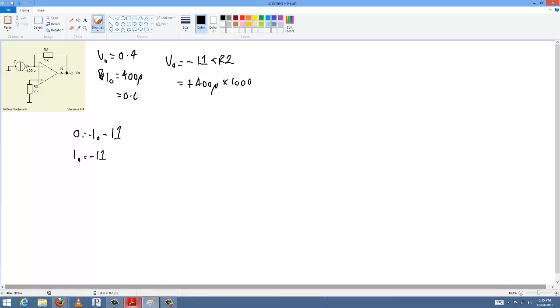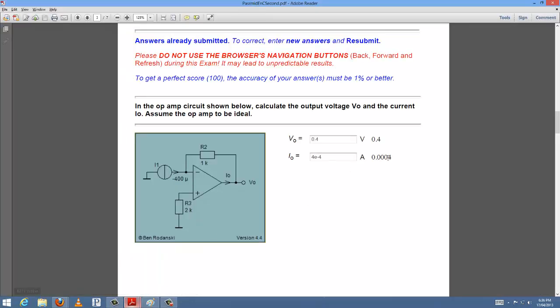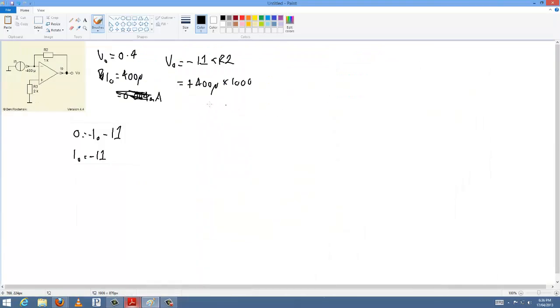Did I do that correctly? Yes, that's right, I think. Sorry, an extra 0. But yeah, 0.4 volts and 400 positive microamps, and that's pretty much simple.